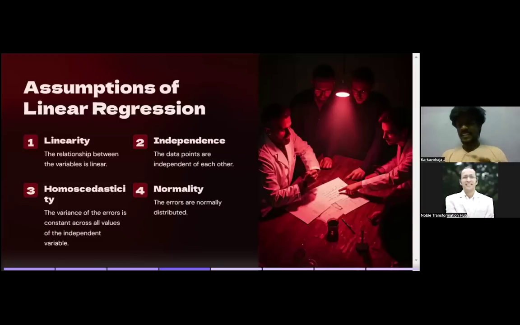There are assumptions whenever you need to apply a linear regression model onto a data set. First is linearity. The relationship between the variables should be linear. For example, if you study for an hour, your mark will be 1. If you study for 2 hours, your mark will be 2, and so on: 1, 1, 2, 2, 3, 3.